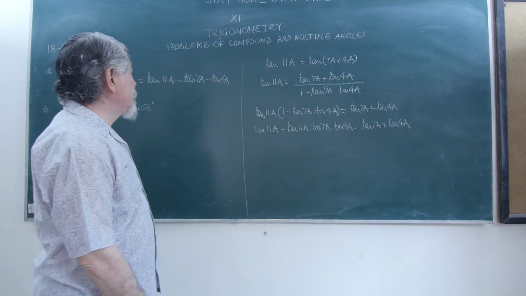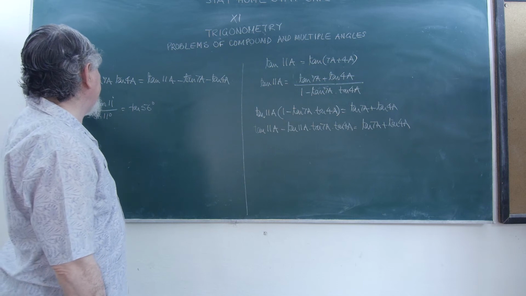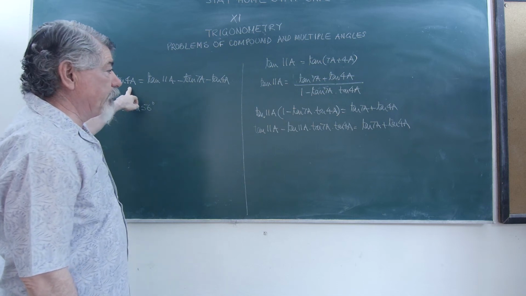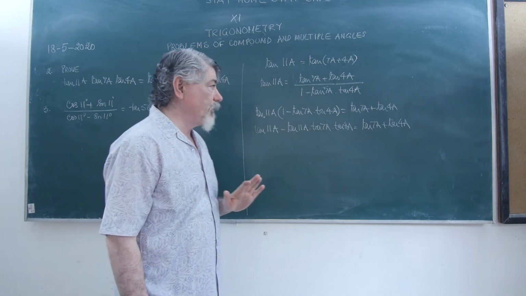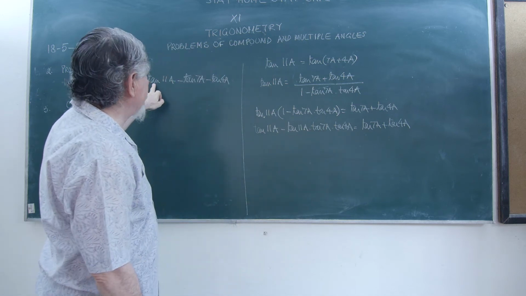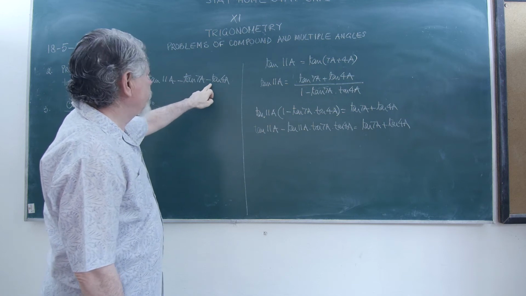Now please understand, what do I want to get? tan 11A into tan 7A into tan 4A, which I already have. And here I have tan 11A minus tan 7A minus tan 4A.